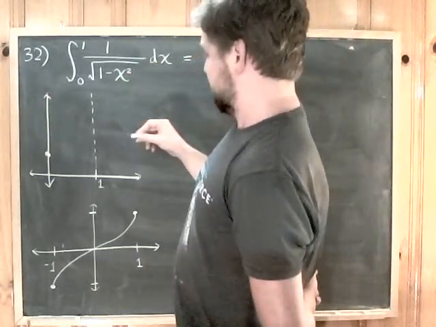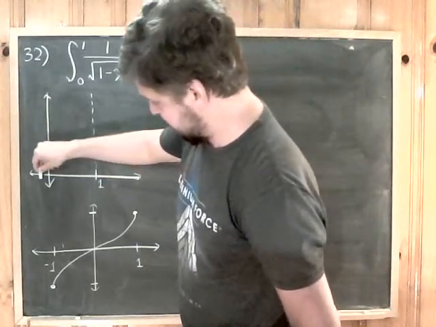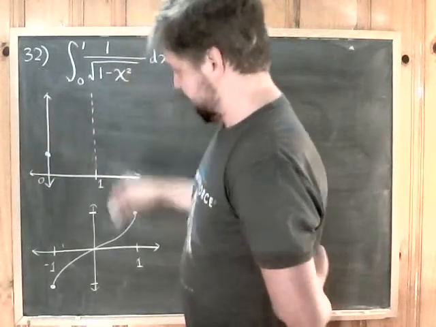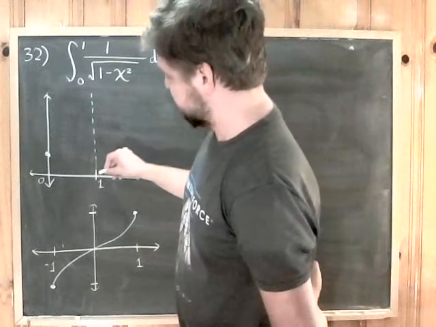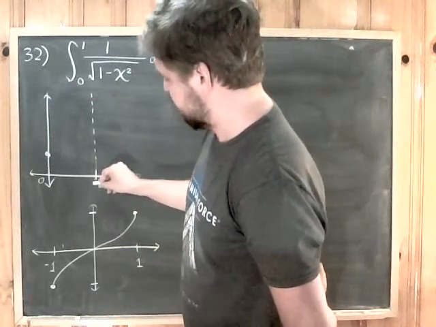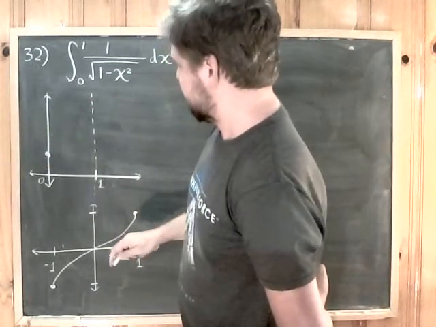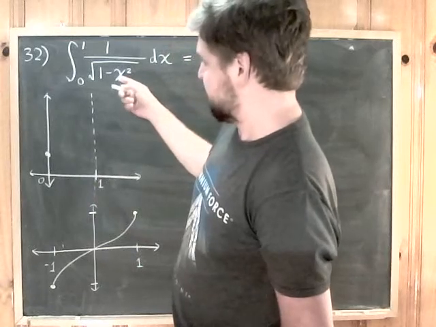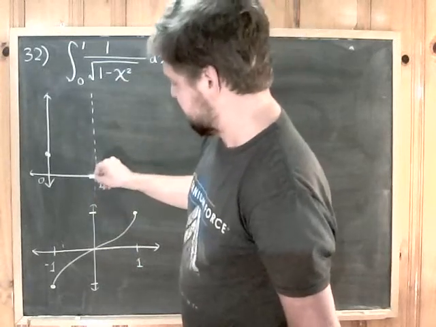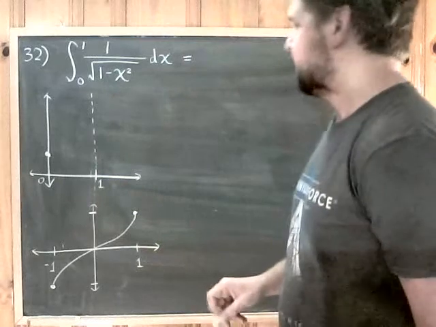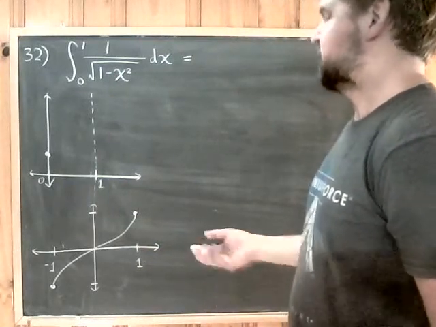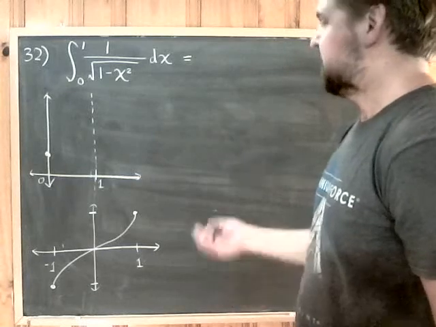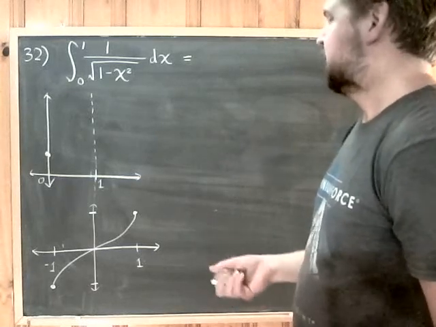1 divided by the square root of 1 minus x squared. If you plug in a 0, you get 1, because 1 minus 0 is 1. And then as you get closer and closer to 1, it's going to be a positive number underneath, because if you plug in 0.9 squared, that'll be 0.81, and 1 minus a fraction is still positive. 1 minus 0.81 would be 0.19 or something.